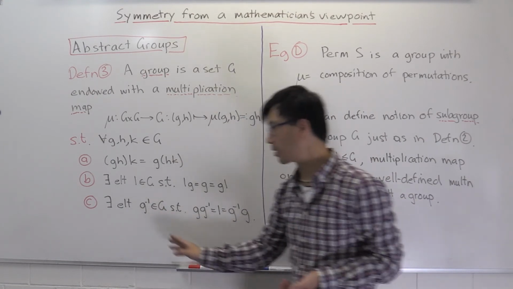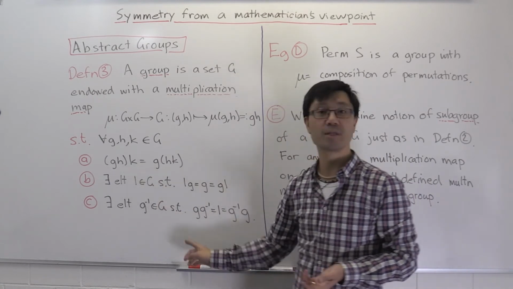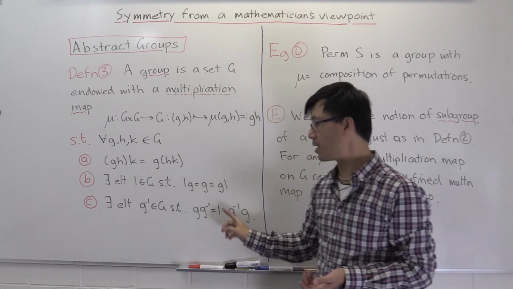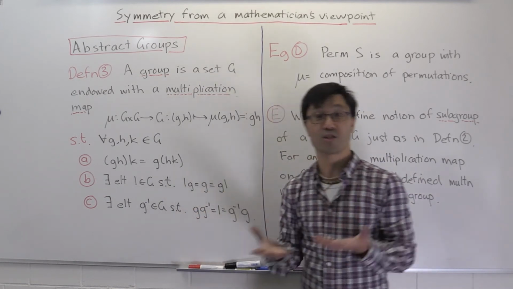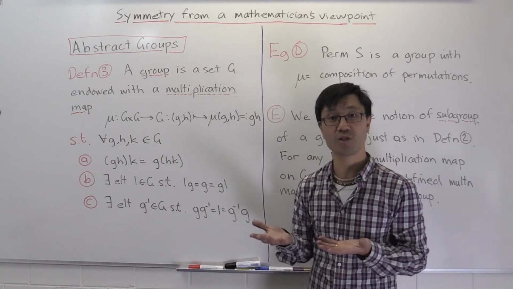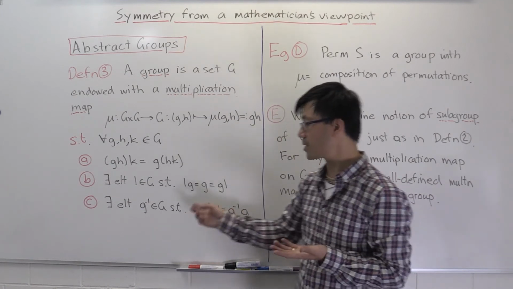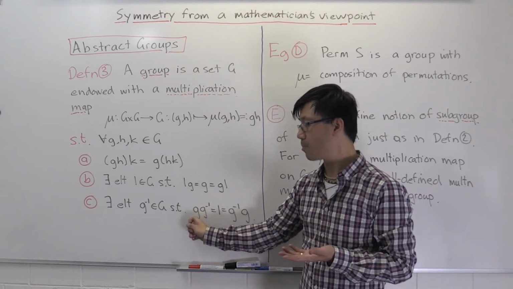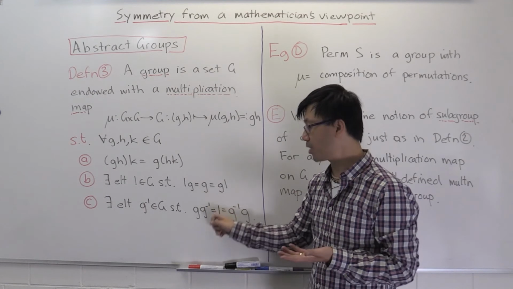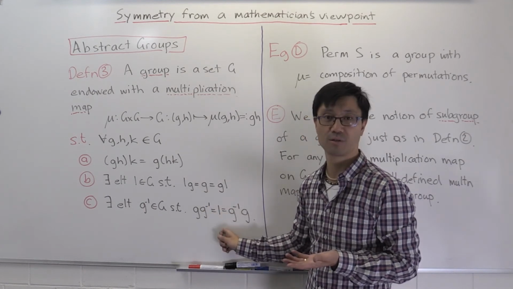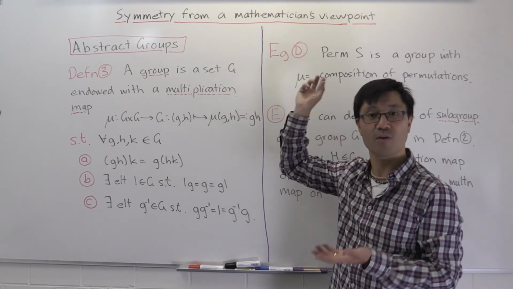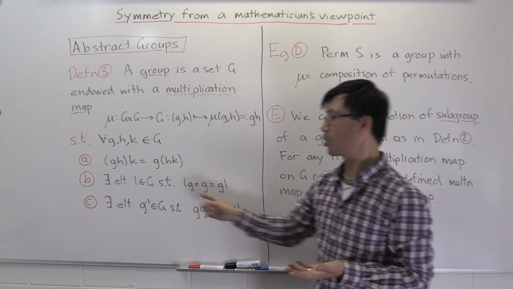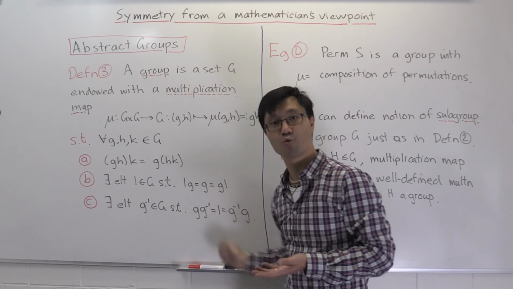Okay, so let's have a look at that. Suppose you have a permutation, we need to check that its inverse in this sense exists. Well, of course, the inverse of a permutation is also a permutation. And the key point is that when you compose a permutation with its inverse, you get the identity permutation. So the inverse of a bijective function coincides with the inverse in this group sense.